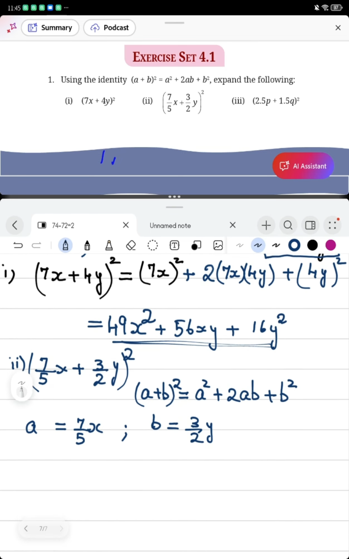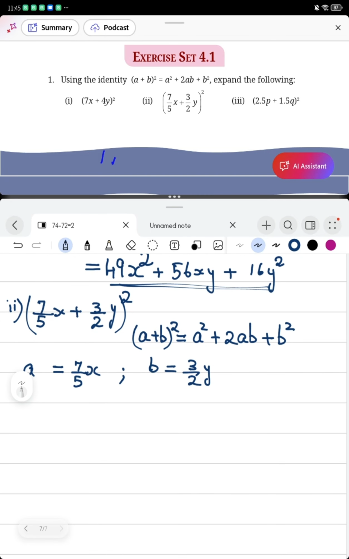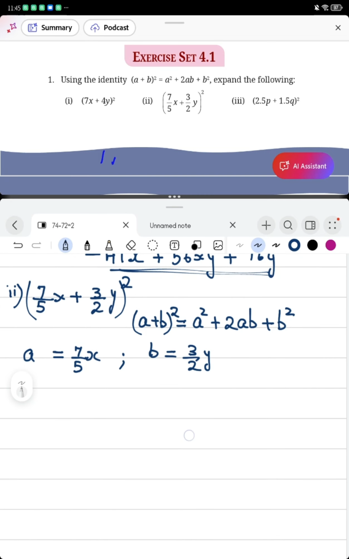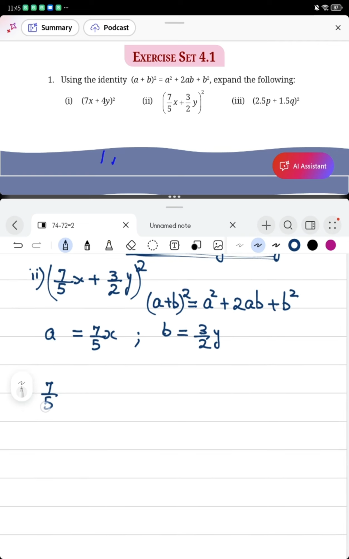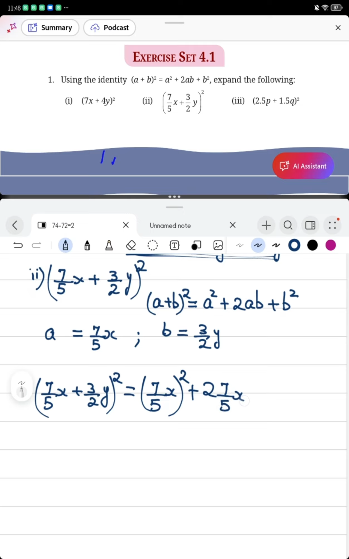All right, now let us move on. Applying the identity, it becomes (7 by 5x plus 3 by 2y) whole square is equal to, in place of a we are going to write (7 by 5x) whole square plus 2 into 7 by 5x into b is 3 by 2y, and then we write b square.